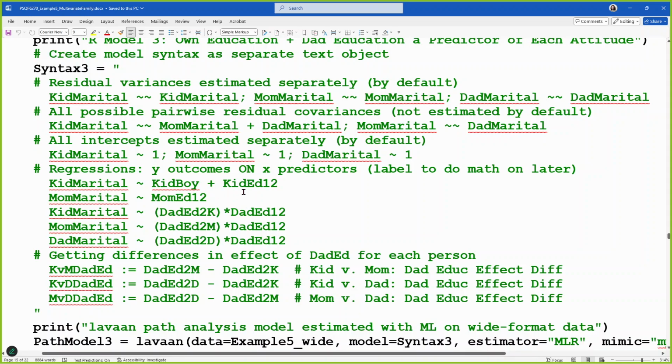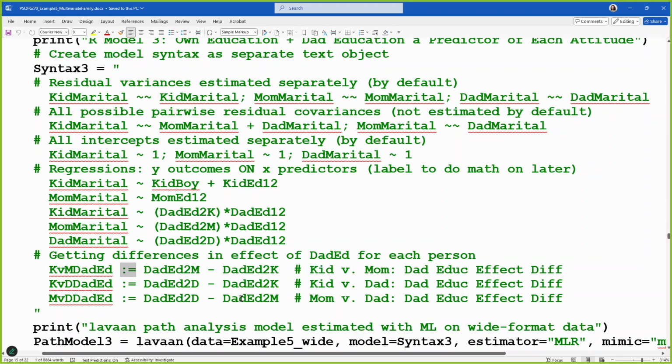Things in here, these are labels. Things in parentheses, I'm using those to do math on. So I am labeling the slope relating, for instance, dad's education to kid marital as dad ed to K. And then I'd label the other ones so that I could demonstrate how to do linear combinations. In this case, I have colon equal, which is building a new thing.